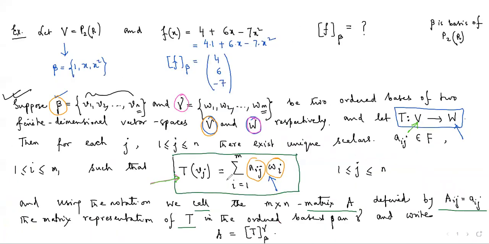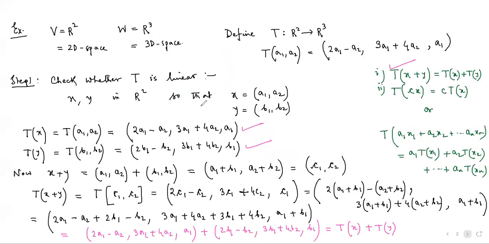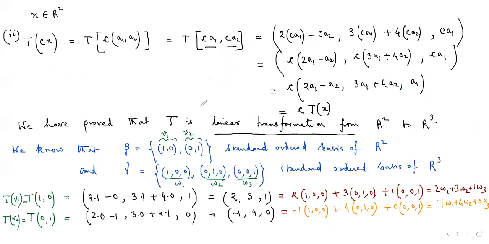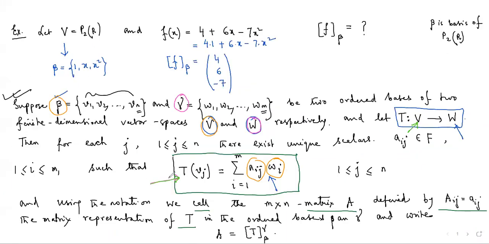Just look at this. I runs from 1 to m. m is the number of basis elements present in gamma. Here i is running from 1 to 3. 3 basis elements are present in the basis gamma. Now what we are going to do, just carefully observe, just try to break this particular transformation.